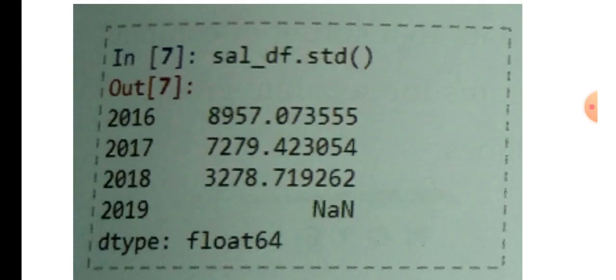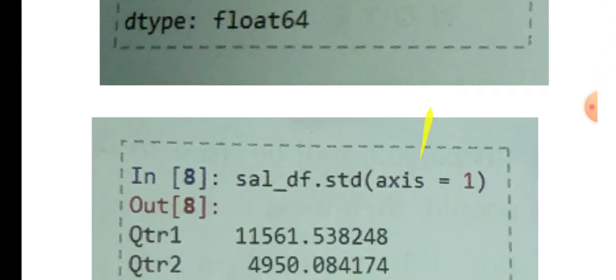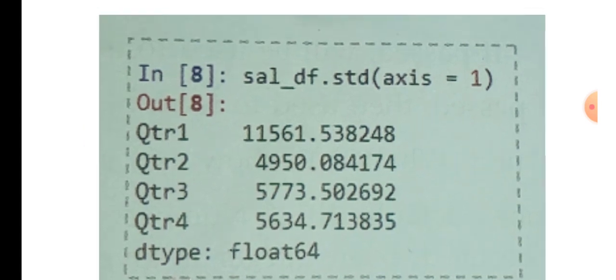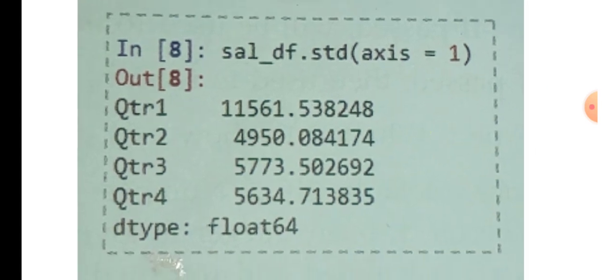In the case of 2019, you can easily see here. And if you find out along the other axis, then you have to put axis is equal to 1 as a parameter value. So you can easily see here SAL_DF std axis is equal to 1, and different values along the rows are there: QTR1, QTR2, QTR3, QTR4. So this is the standard deviation along axis 1. Okay.